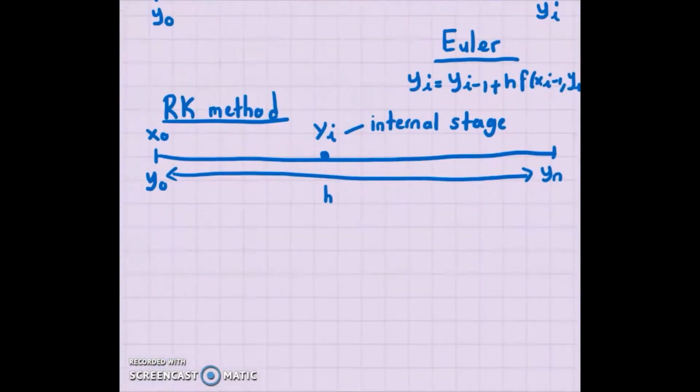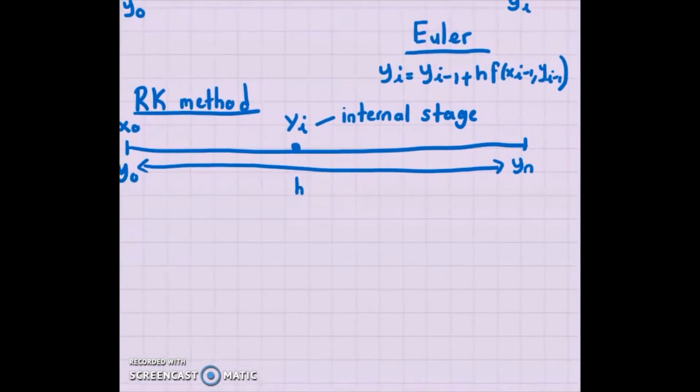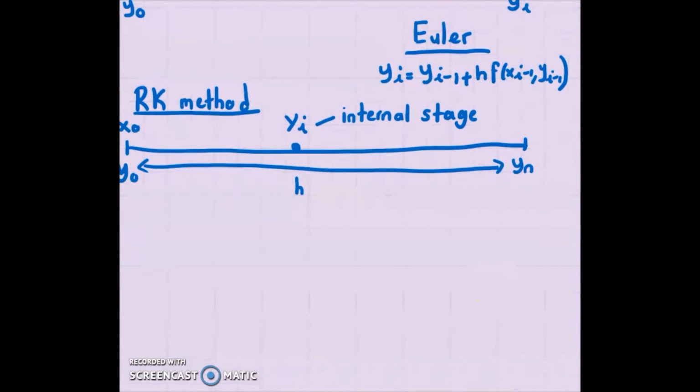So if you understand this concept, we can look at how to write it. If you look at the Euler Method, it is a method of order 1.